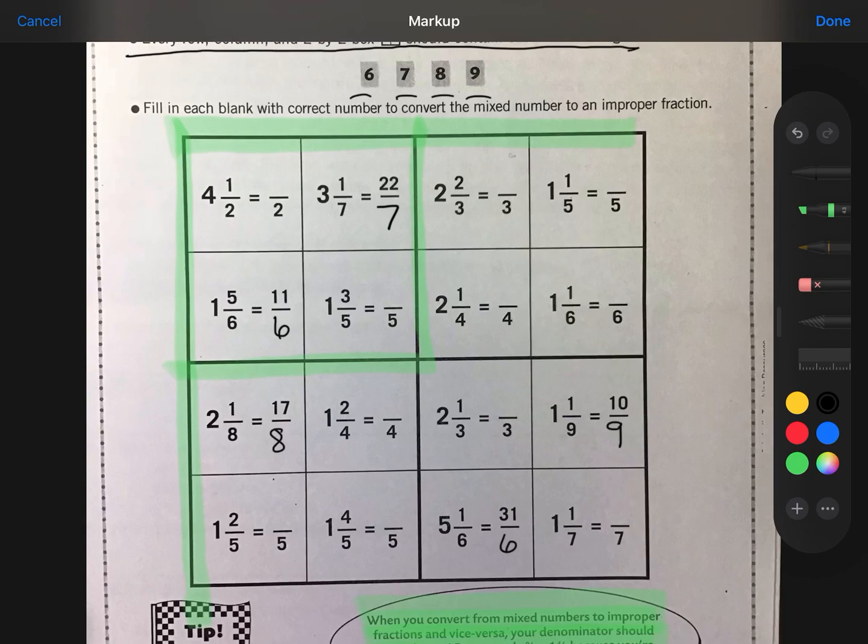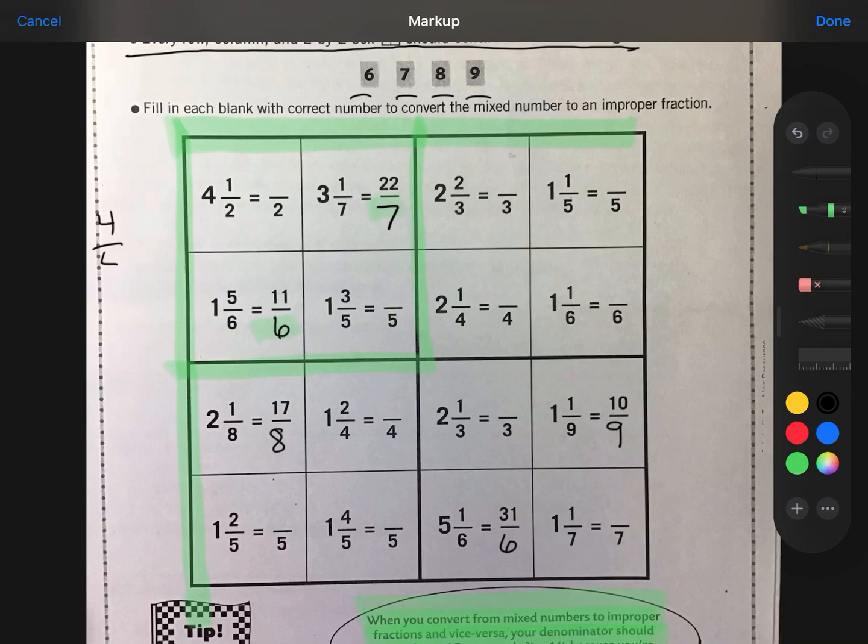So do we have all our missing denominators? Okay, I think so. So now, remembering the rules of Sudoku, since there's a 6 and a 7, this one has to be 8 or 9, and this one has to be 8 or 9. But just to remind you how we get a mixed number into an improper fraction. So like 4 1/2.